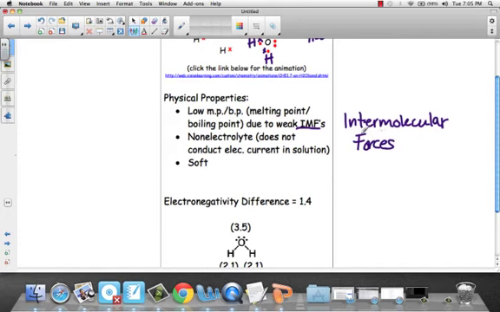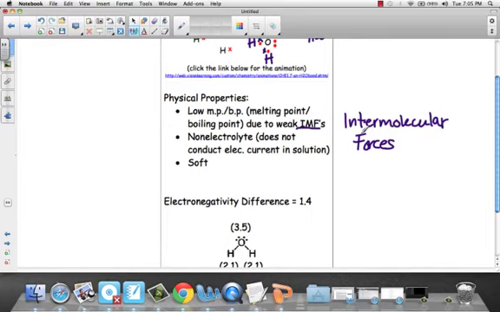Okay, so let's see what this word means. When we talk about roads, we have an interstate, which is a road that goes between states. And then we have an intrastate, which means within the state. So inter means between.